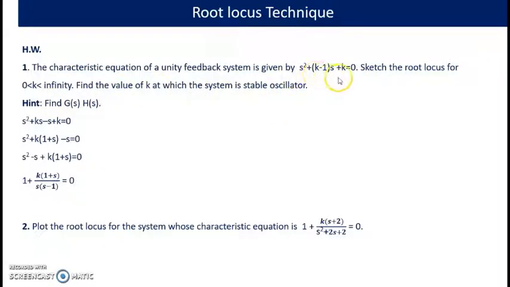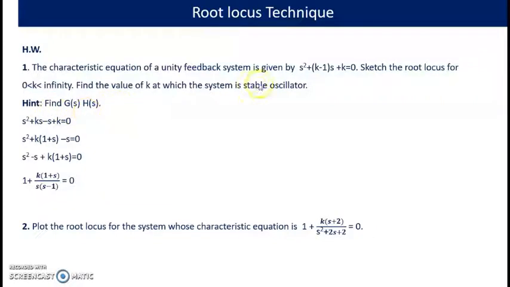So here the characteristic equation is given. We need the open loop transfer function G(s)H(s). So the characteristic equation is 1 plus G(s)H(s) is equal to 0. So try to write this equation in the form 1 plus some term equal to 0. That some term will be the G(s)H(s).